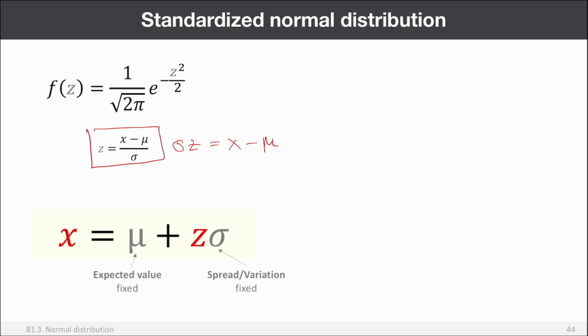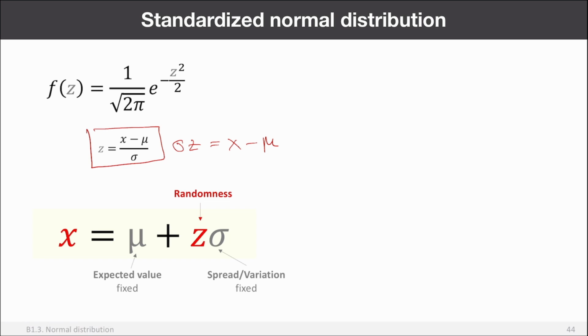How big the variability is, how far x can go from the expected value. And z is exactly the randomness that makes x random. If we don't have any randomness, z is equal to 0, and then x will always be equal to mu.